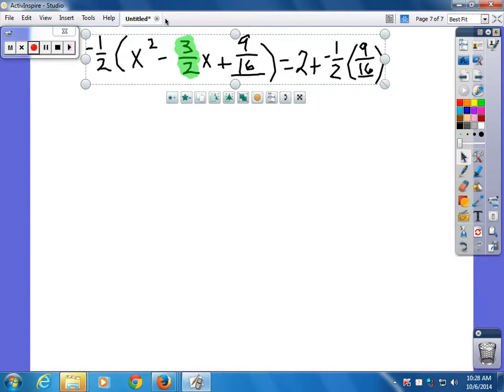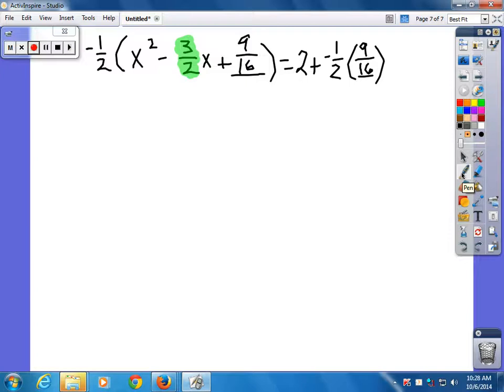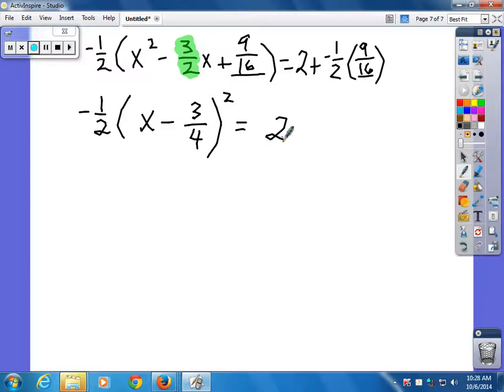All right. So that's going to give me negative 1/2 x minus 3/4 quantity squared is equal to 2 minus, and what happens here? 9 over what? 9 over 32.